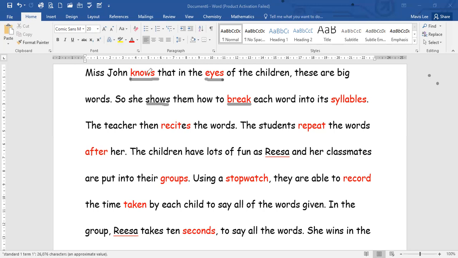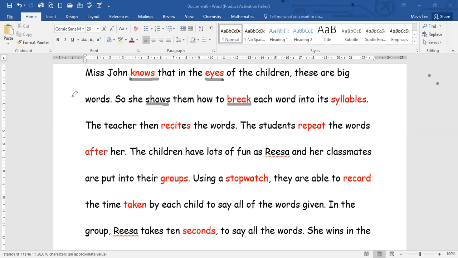Don't get it confused. Let's read the sentence that has this word nose to discover its meaning. Ready? Miss John knows that in the eyes of the children, these are big words. Okay, read it again. Miss John knows that in the eyes of the children, these are big words.